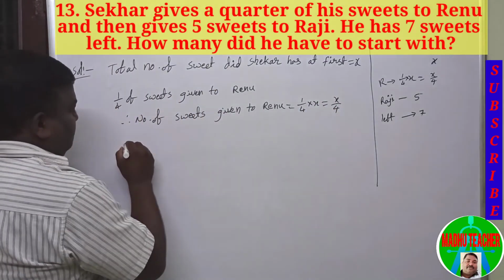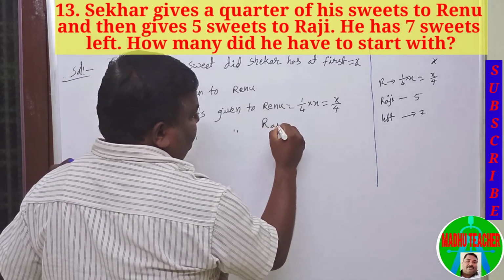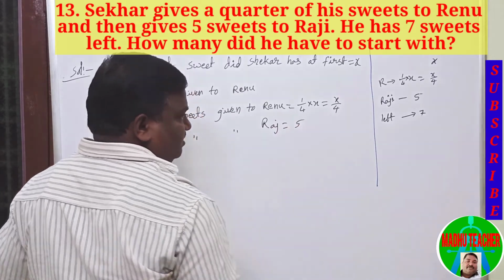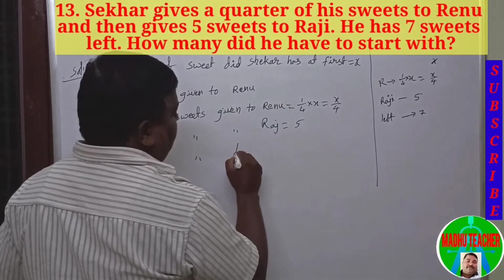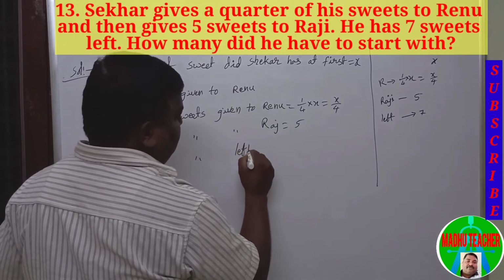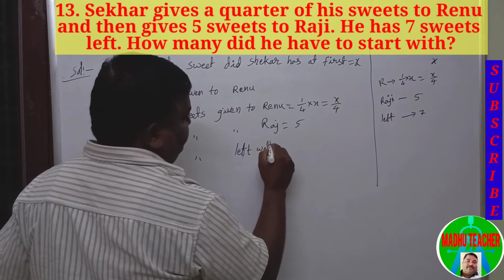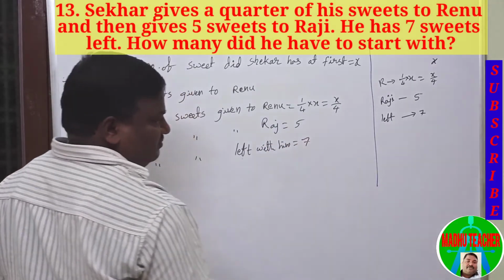Next, number of sweets given to Raji. How many given? 5 sweets. So number of sweets left with him. How many are left? 7.